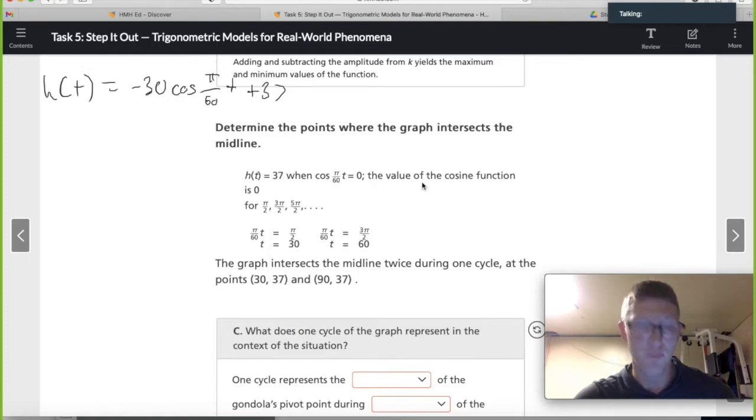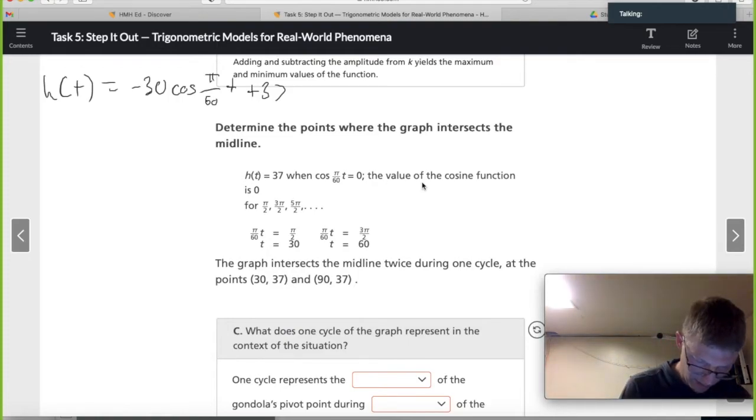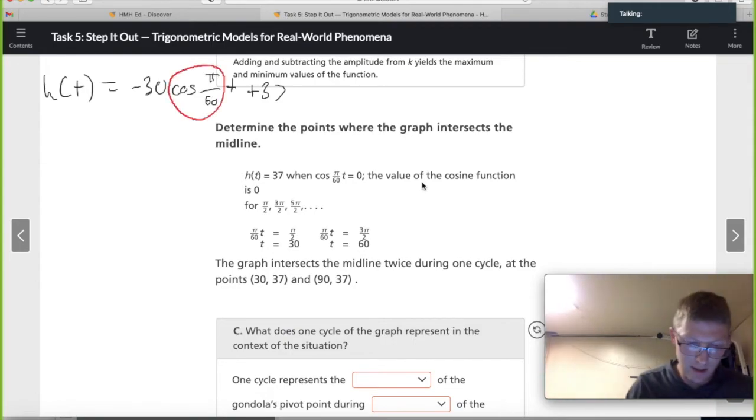So if we look at our equation here, h of t will equal 37 when this equals 0, which will equal 0 when this equals 0. Oh, hang on.